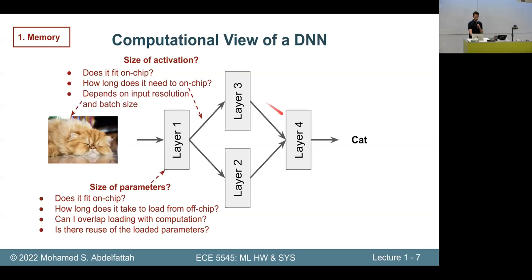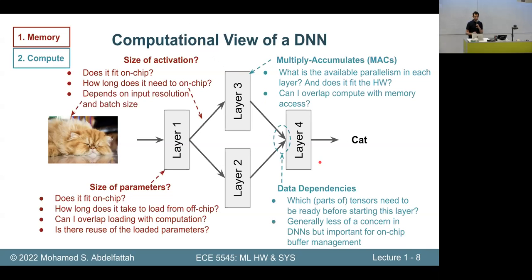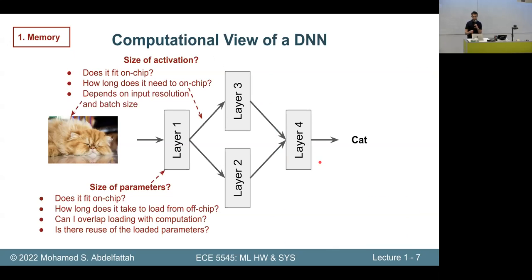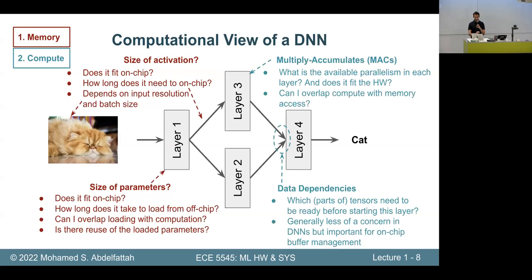A lot of the stuff that pertains to activation is very highly correlated with the input, in this case image size, and obviously the batch size as well. So how big is that? How big can I afford to make my input image resolution, and things like that?